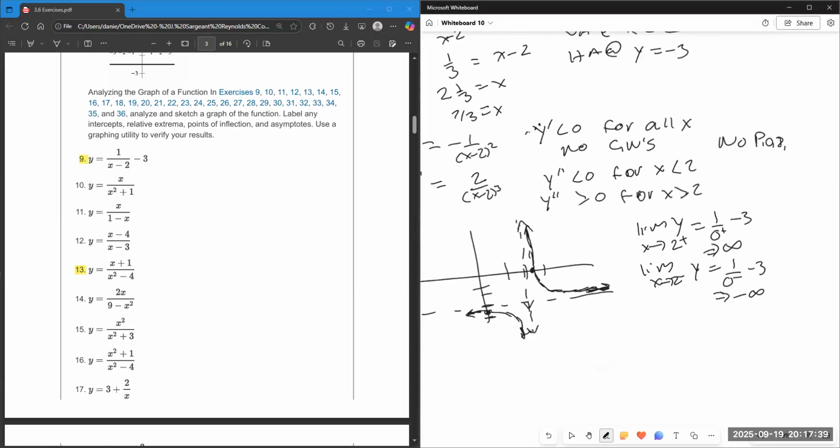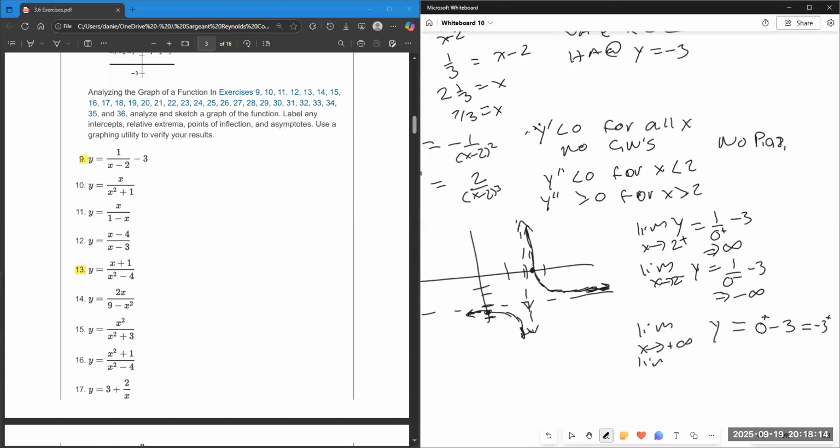Limit as x goes to positive infinity of y is equal to 0 minus 3, which is equal to -3. And that's a number that is a little bit bigger than -3 here, because this is a little bit bigger than 0.